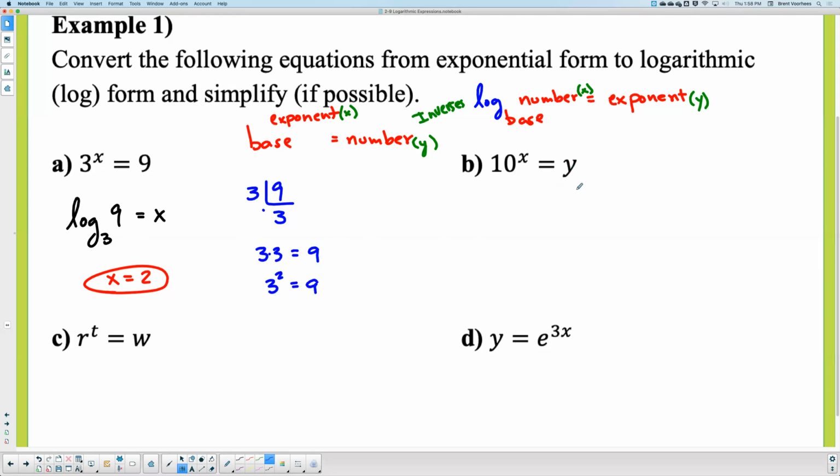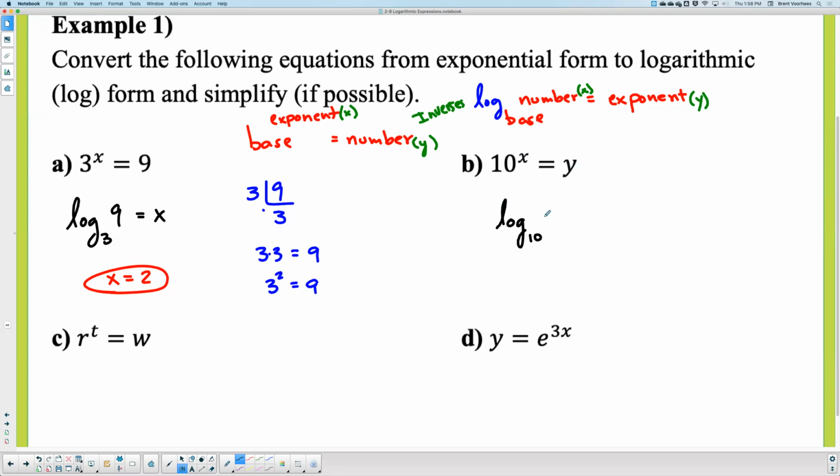All right, what about this next one? 10 is the base. So I'm going to first write the word log. We're going to convert it to a logarithm. So the base stays. Which one's the base? 10. What exchanges is the exponent and the number all alone, which in this case is the variable y. You switch those two, and so I have log 10.